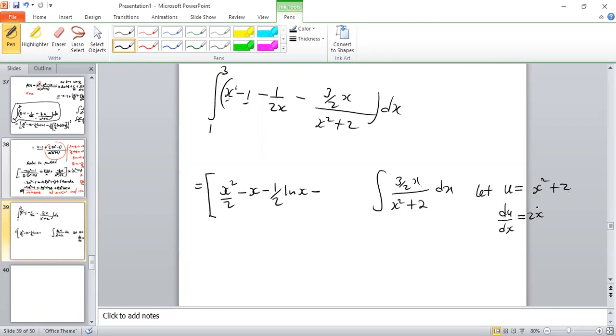Okay, let's cross multiply here. So we are going to have du is equal to 2x dx. Then dx should be made the subject, so you divide by 2x on both sides, so that dx remains alone, and where there is dx, we replace with du over 2x. Then we come back to this one. So integration of that, it's still 3 over 2 x, where there is the dx here, you replace with what we have found as du over 2x.